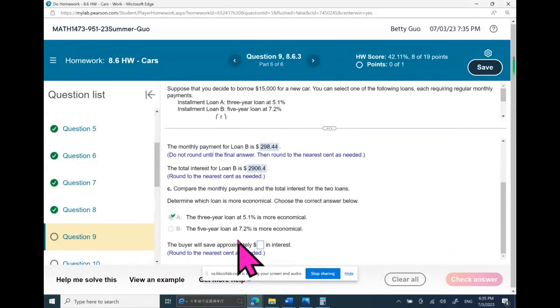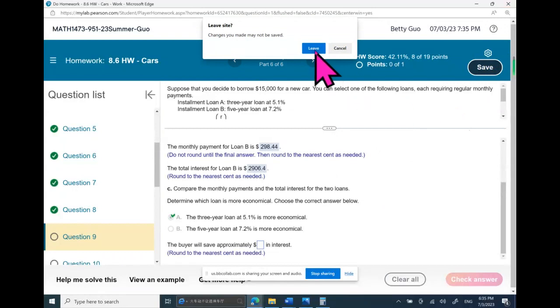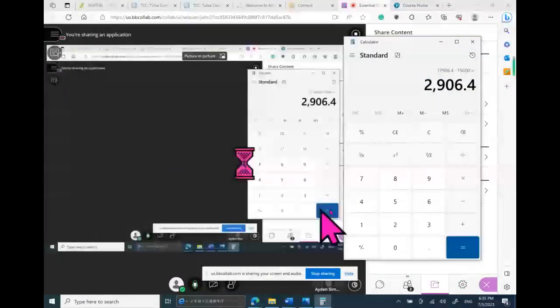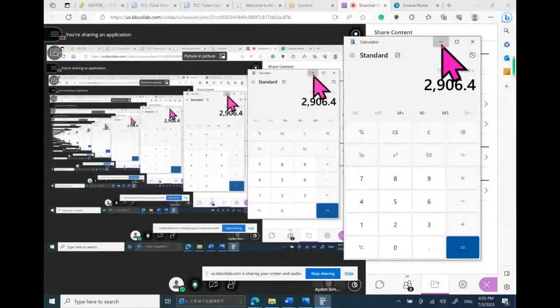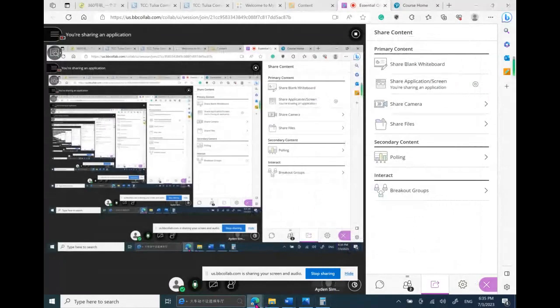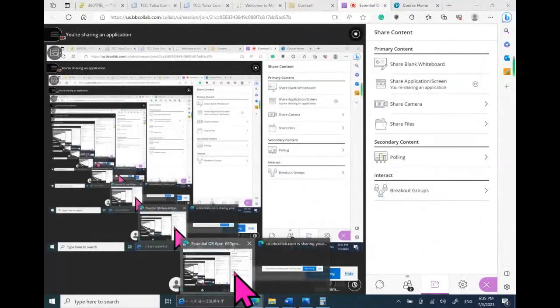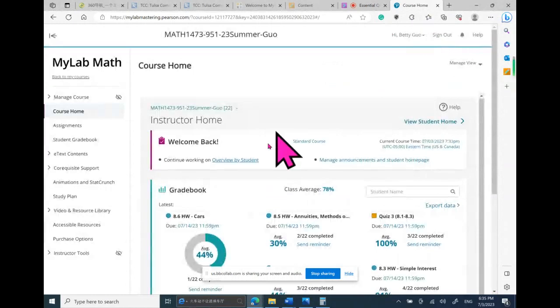Solve some of the questions in the section on home mortgage, 8.7. So I'm going to close that. This is the page. Go to assignments.